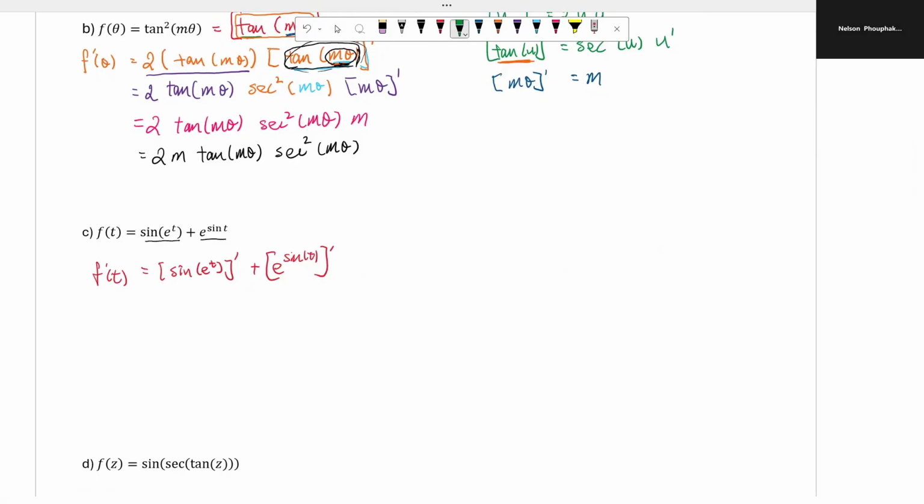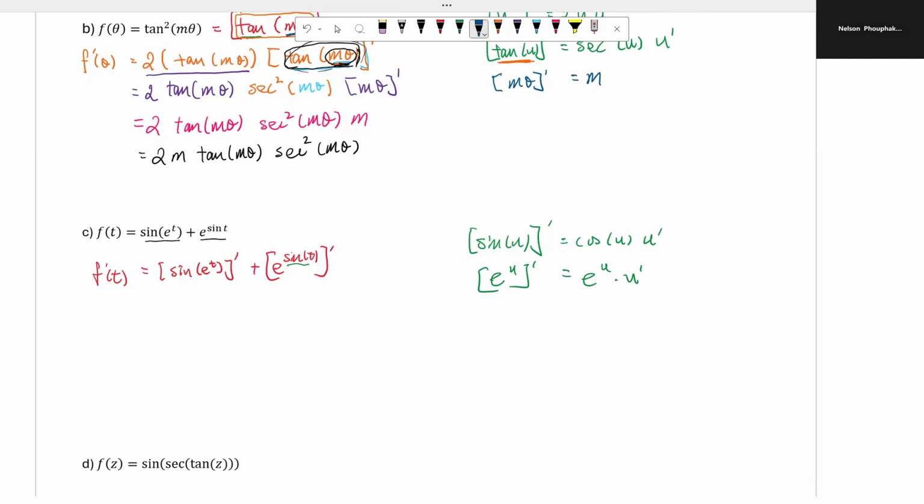But now I have two functions. One function is like sine of u, so the derivative of sine of u will be cosine of u, u prime. Another one is e to the u. The derivative of e to the u is e to the u, u prime.